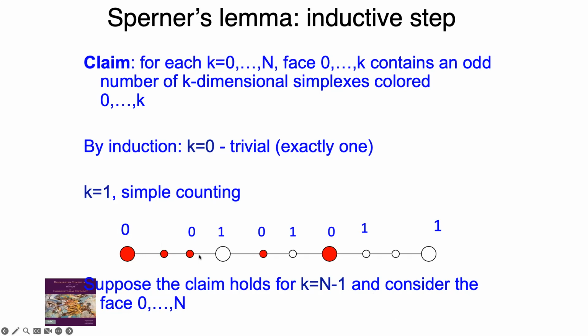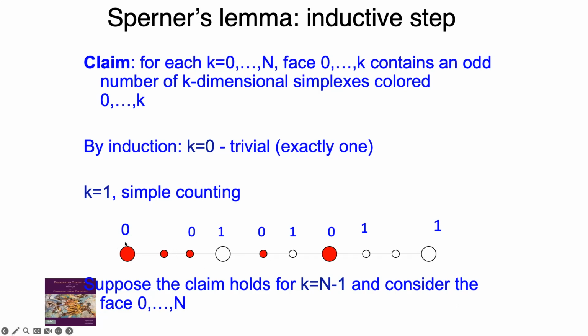How do we argue this? I say simple counting, but why is it true? Why should it be odd? Why can it not be even? Of course, we should have at least one, because at some point we need to switch from red to white. You started from the endpoint colored red, and the other endpoint should be white.